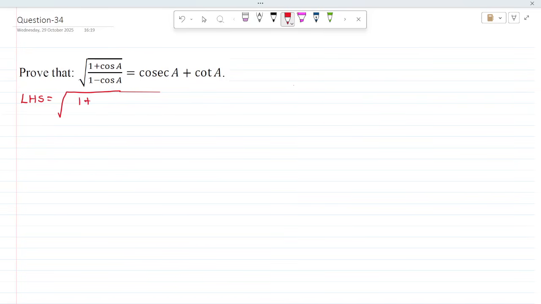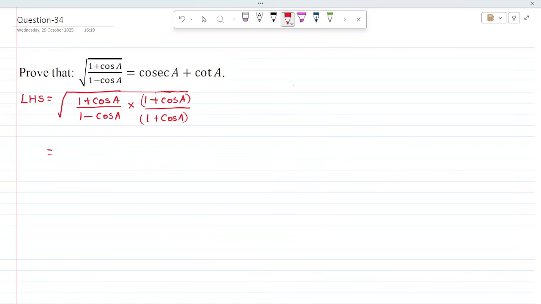That means if 1 plus cos A by 1 minus cos A is there, I will multiply and divide with 1 plus cos A. If it is a minus, I will do with 1 plus cos A. Agree?